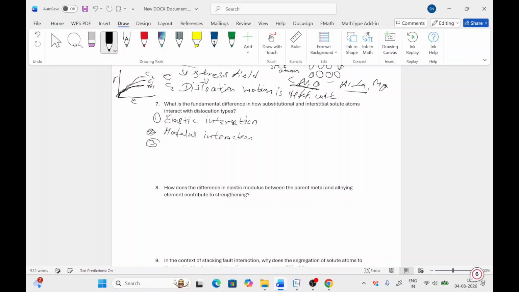Third is the stacking fault interaction. Fourth is the electrical interaction.